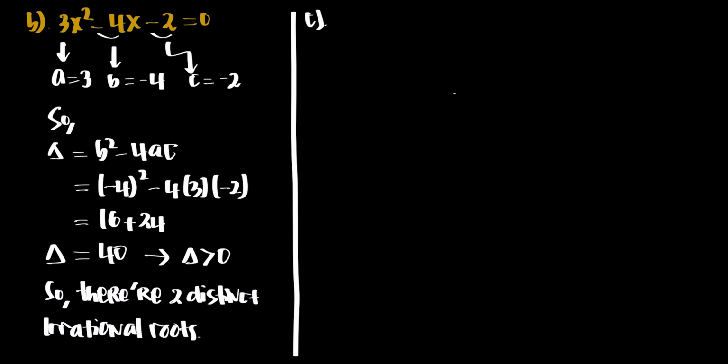The next one, C. Consider x squared minus 2x plus m equals 0.